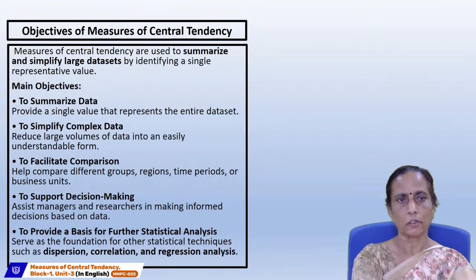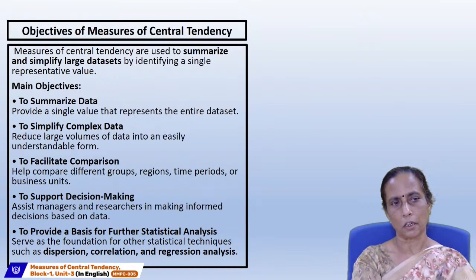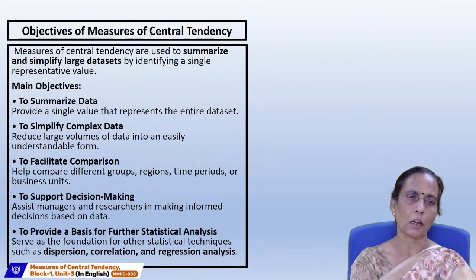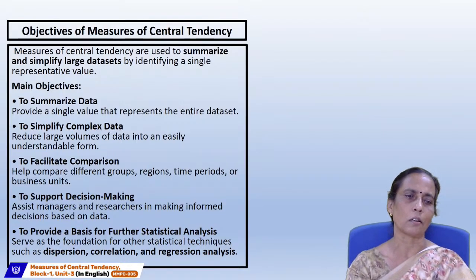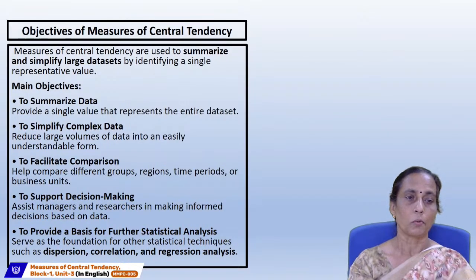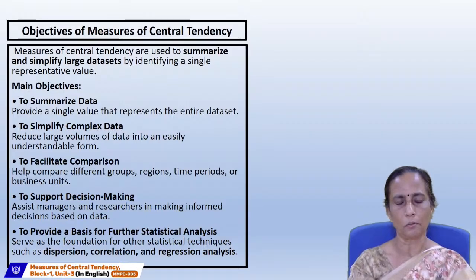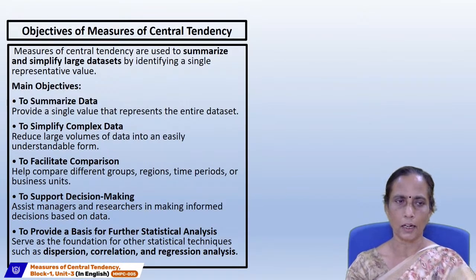So why should we study measures of central tendency, or what is the basic objective behind having such a measure in quantitative techniques or in statistics? The main objective is they provide a single value which represents the entire data set.